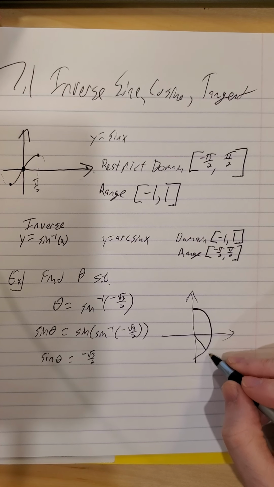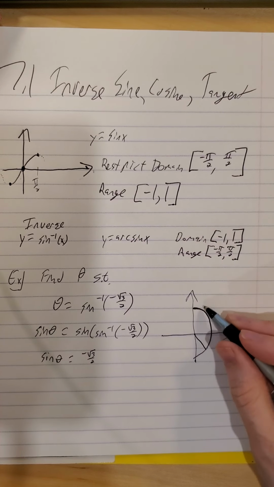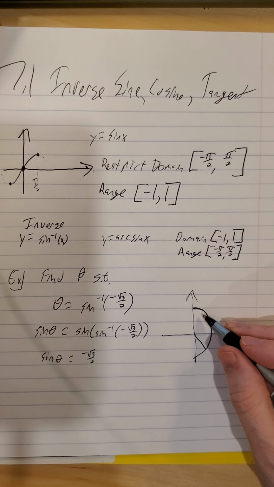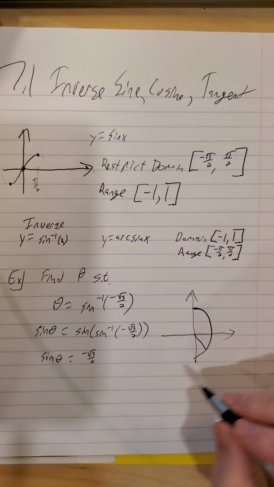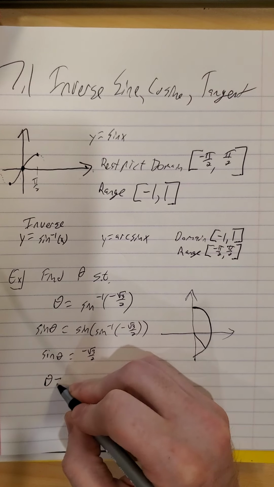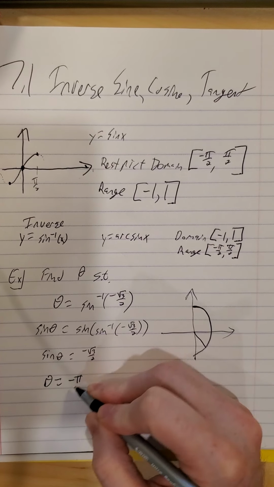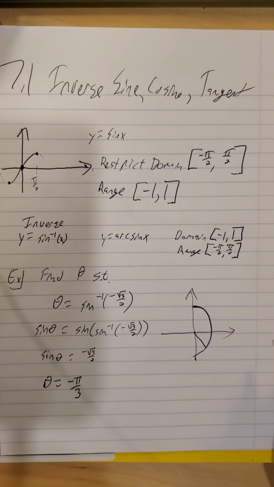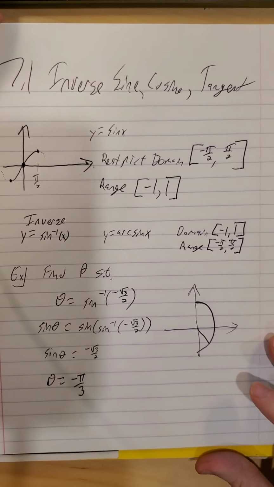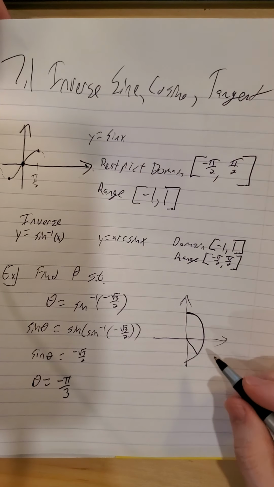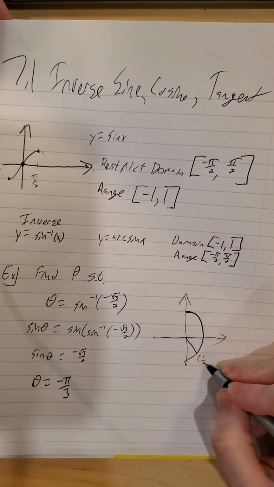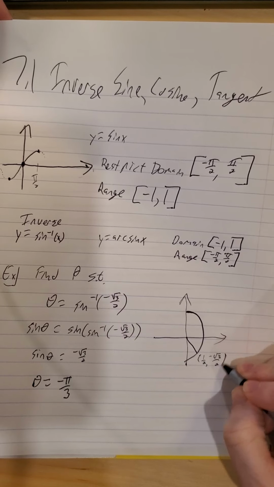And if our sine is root 3 over 2 up here, it would be 60 degrees, pi over 3, so down here it would be negative 60 degrees. So theta is negative pi over 3. So this one, recall, is at 1/2, negative root 3 over 2.